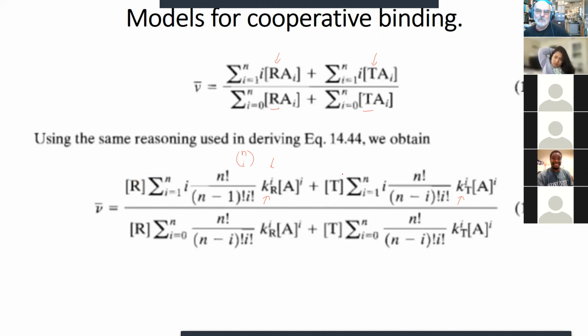We can't do that now because it's an R term and a T term in the numerator and the denominator, so they don't directly cancel. But otherwise everything is the same. If you look at the left side, it looks the same. If you look at the right side, it looks the same. The problem is you need both terms. It's way more complicated, or it appears way more complicated.